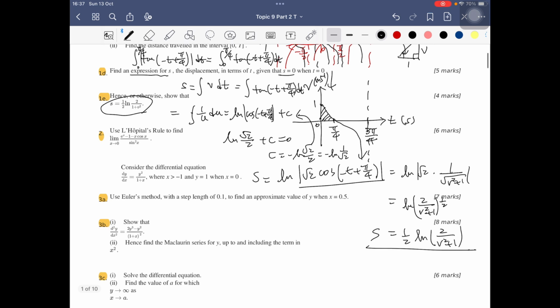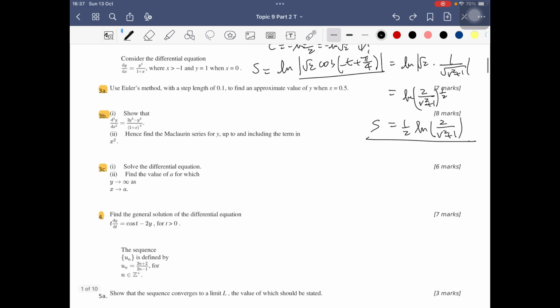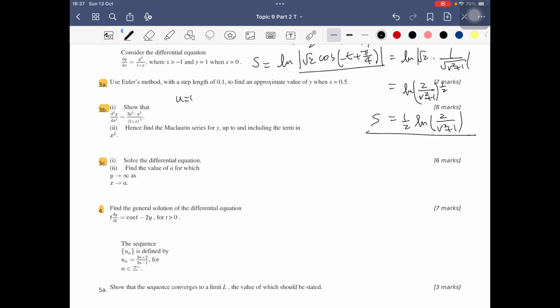Now the L'Hopital, yeah, let's do that. And 3b. This is a differential equation, another differentiation. So let's do that. If we apply the quotient rule, u becomes y squared, v becomes 1 plus x, du over dx becomes 2y times dy over dx, and dv over dx becomes 1.